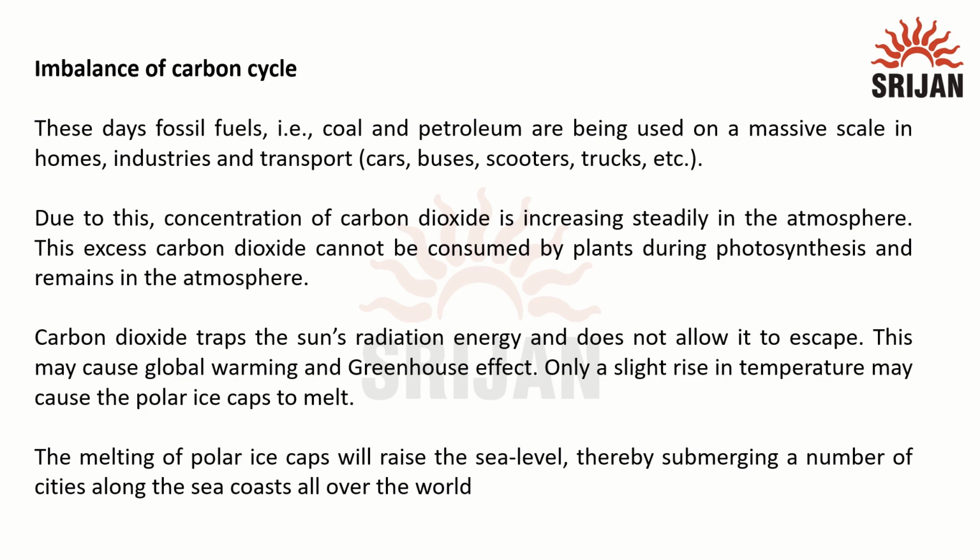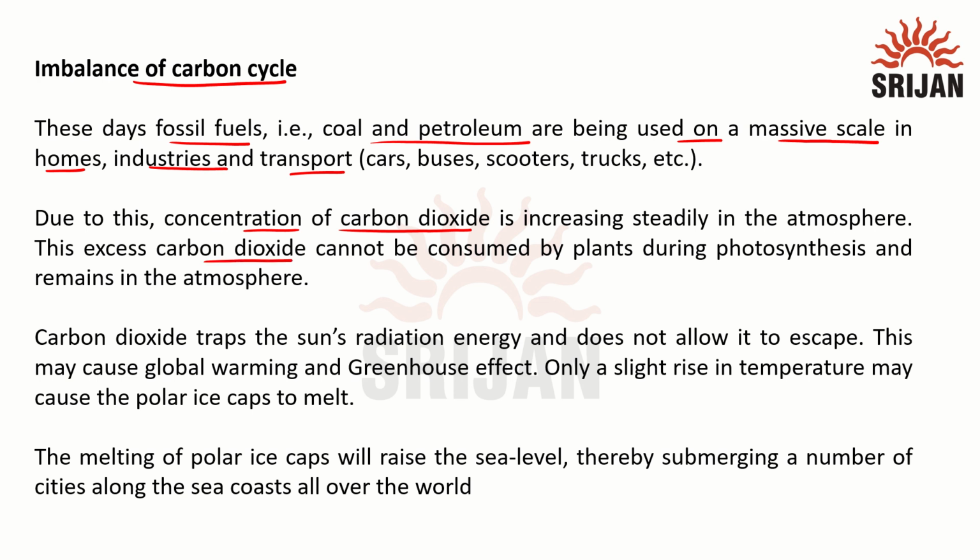Now, there can be an imbalance in the carbon cycle if there is some step which is taking place at a higher rate compared to the others. Now, these days, fossil fuels, that is coal and petroleum, are being used on a massive scale in our homes, industries, and also for transportation purposes. Due to this, the concentration of CO2 is increasing steadily in the atmosphere.